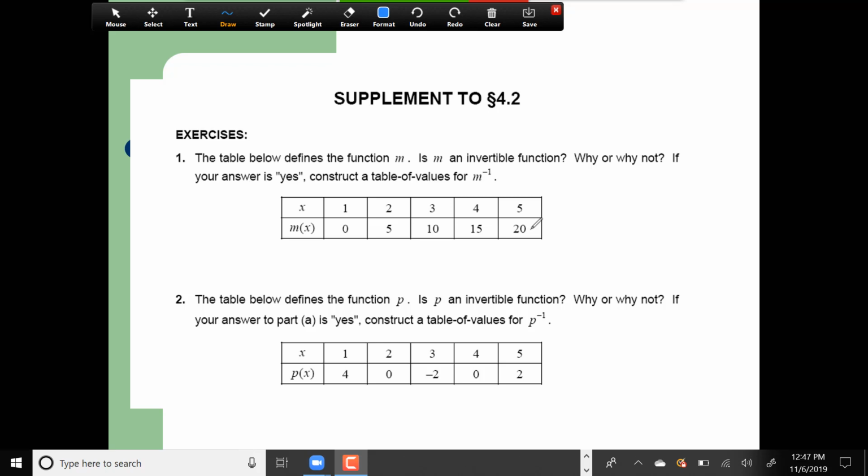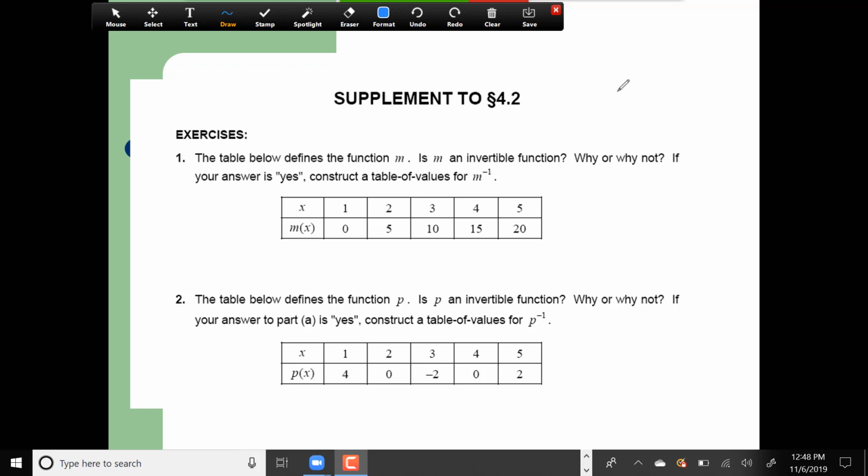So in this case, if you want to find out if you can get an inverse from the table, you look at the x's and you look at the y's, and if all of them only show up once, so all these x's are different, and then check the y's and all these y's are different, then it is invertible. And it's because if you were to graph it, it would pass both the vertical and the horizontal line test.